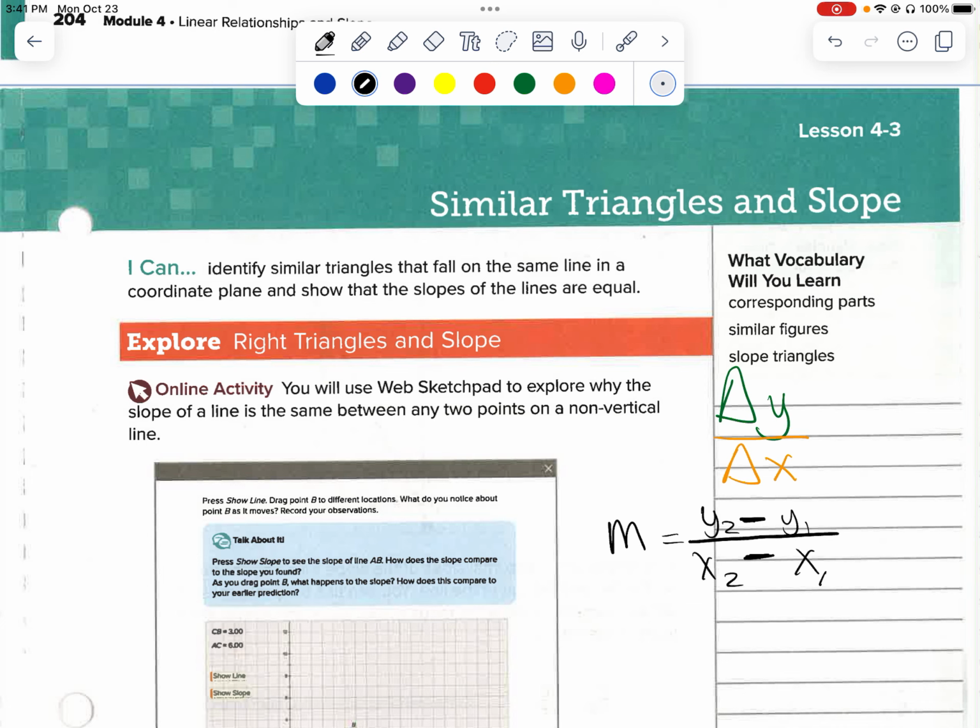And remember, these little numbers right here just mean what point they came from. The ones that have 1 on it come from point 1, and the ones that have 2 on it come from point 2. That's all that means.